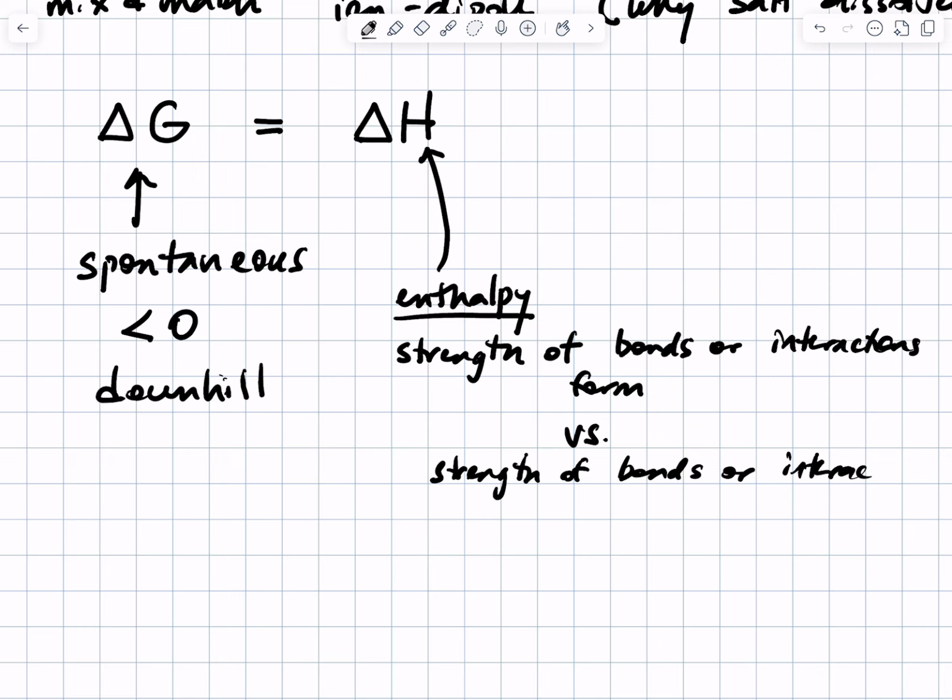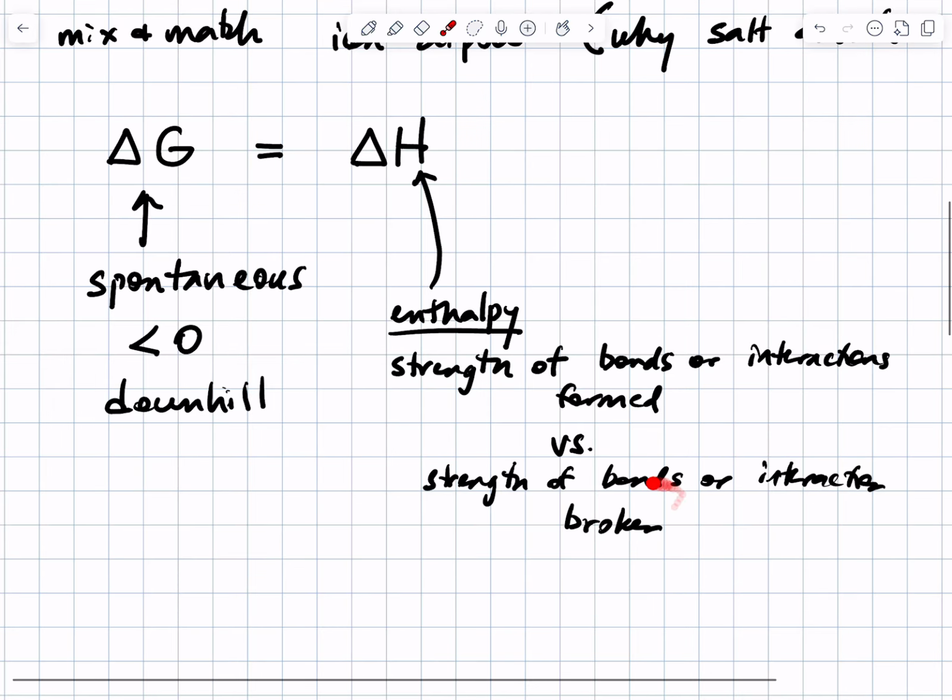So formed versus broken. If the interactions you form are stronger than the interactions you broke, enthalpy is negative, and that'll help delta H be negative. And we'll refer back to that when we talk about why reactions are downhill in energy.